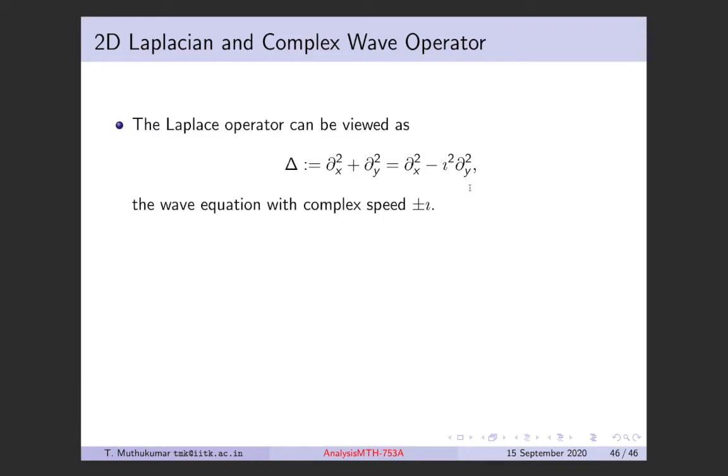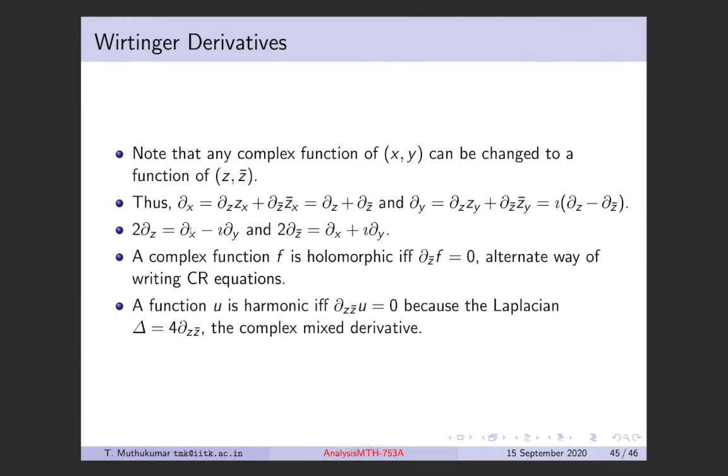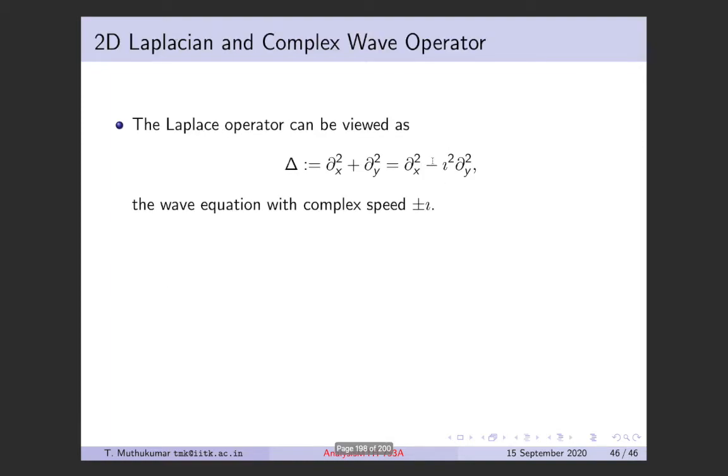Now using the complex number i, the Laplace operator can be written as the product of what you have here and what you have here, a plus b, a minus b, so a square minus b square, which is precisely what you have here. So the Laplace operator can be written as this.